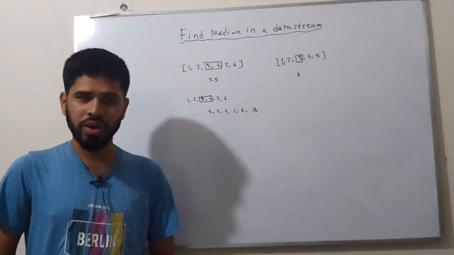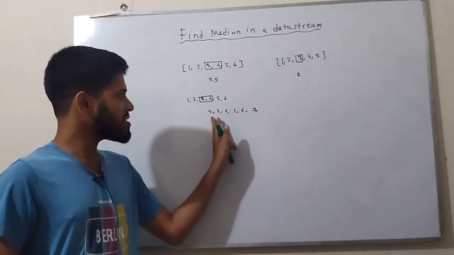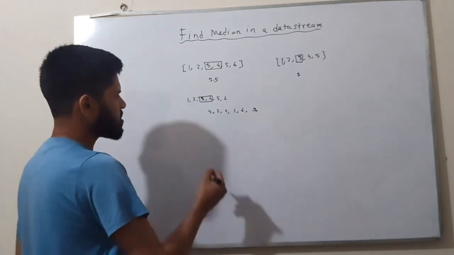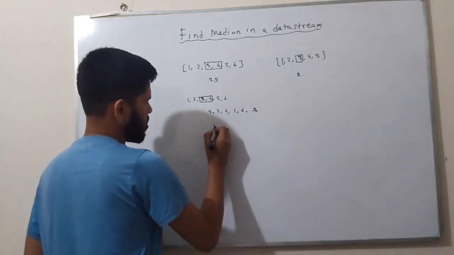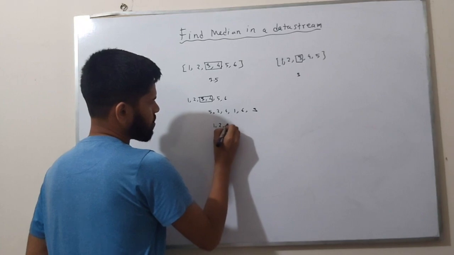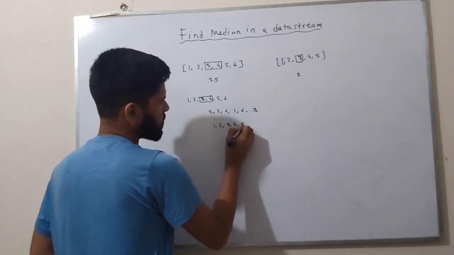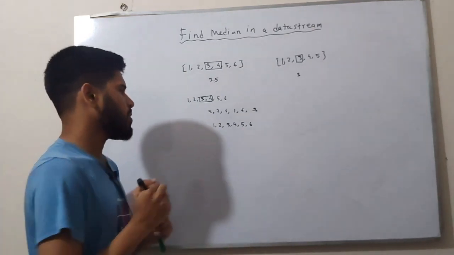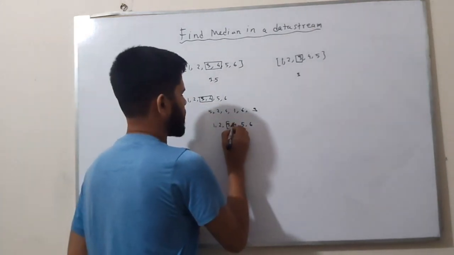You might say, okay, I can just sort it in ascending order. Okay, let's do it. If we sort it, we get 1, 2, 3, 4, 5, 6. Now we can just get the average of the middle elements.